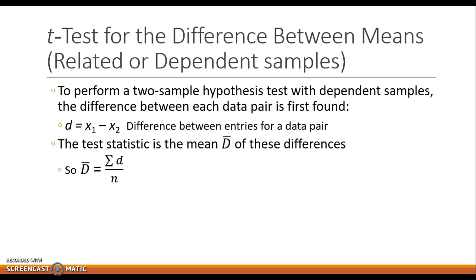So all we have to do for big D bar, I usually say X bar, so this is big D bar, is equivalent to all of the differences for your entire sample. So all of those individuals, both before and after, all of those couples, all of those matched pairs, you take all of those differences, you sum them up, and you divide them by n, the number of sample pairs that you have.